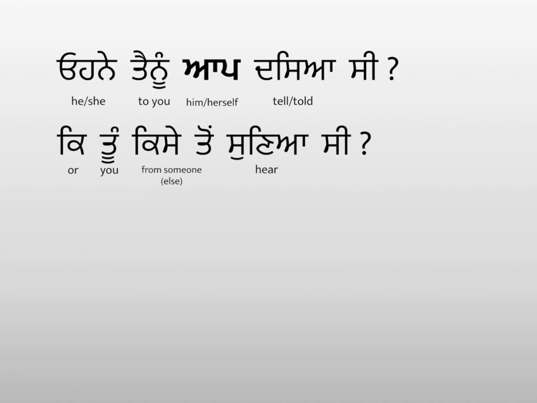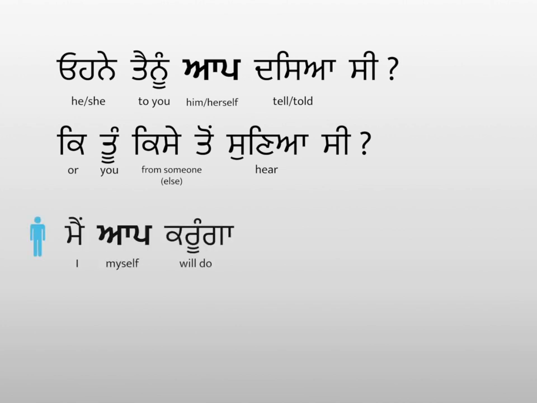Or did you hear it from somebody? Ke means you're asking or. Kise ton is from someone, from somebody else. So that's another example of how you can use aap by itself in a sentence.